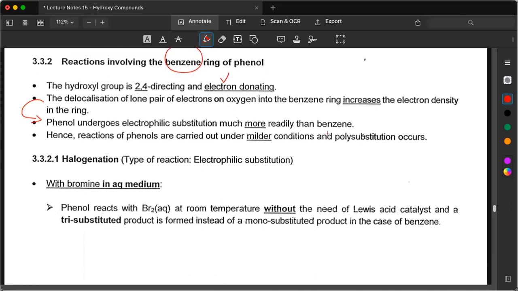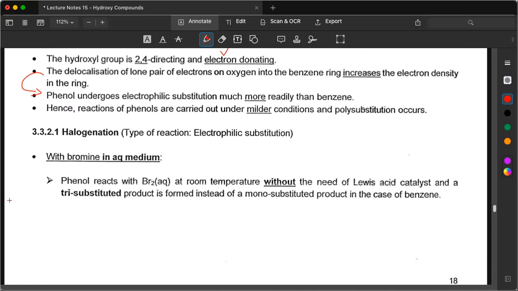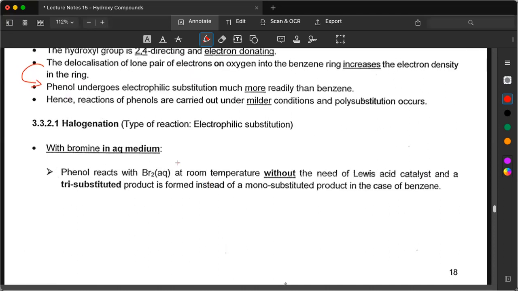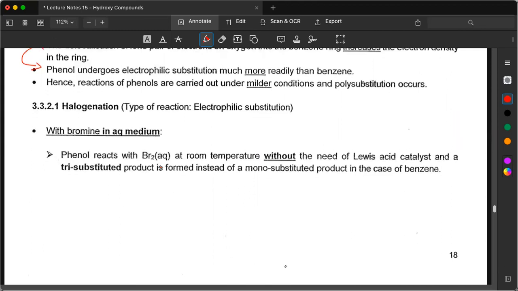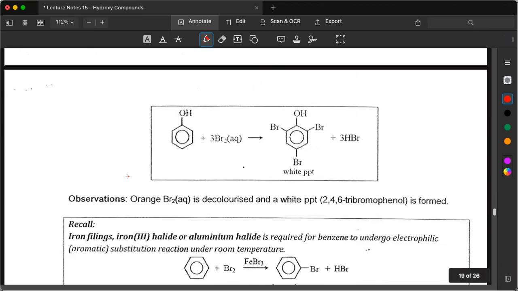The first example is halogenation, which is a type of electrophilic substitution. We can use bromine in aqueous medium. Phenol reacts with bromine at room temperature without Lewis acid catalyst, unlike benzene. A tri-substituted product will be formed instead of a mono-substituted one as in the case of benzene.